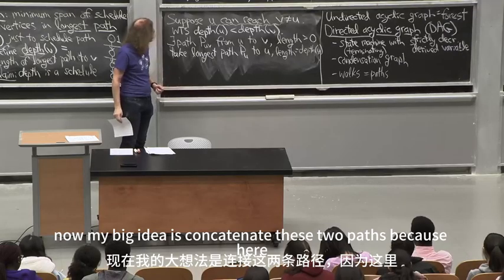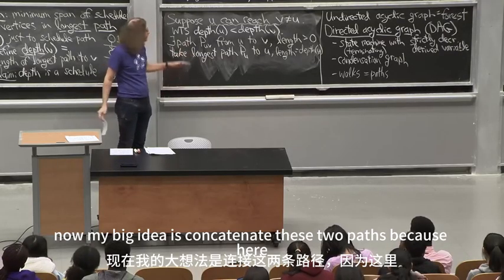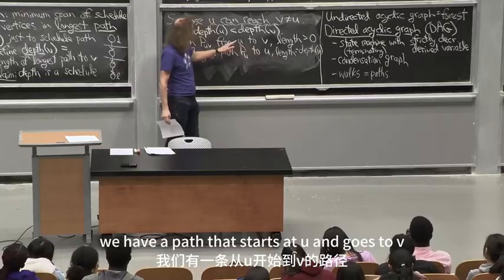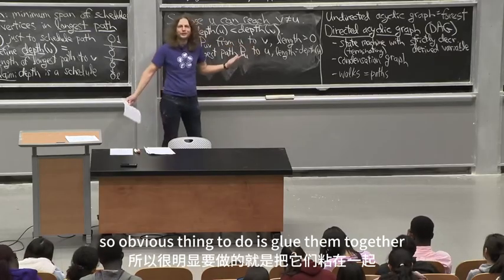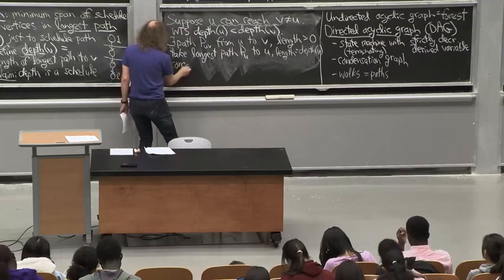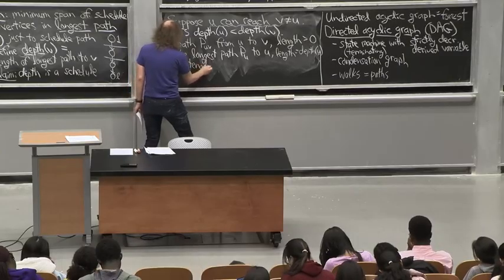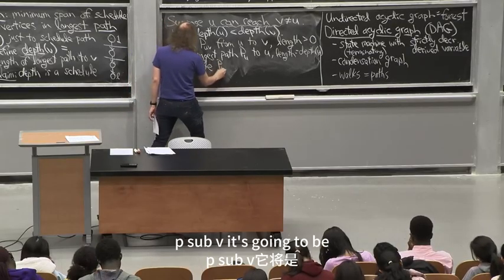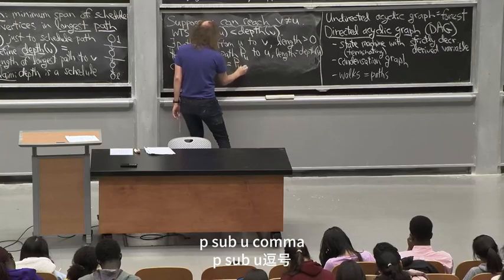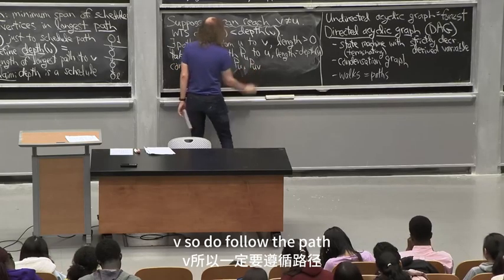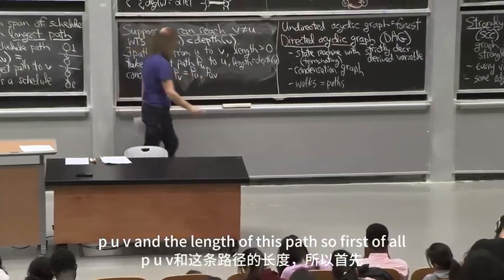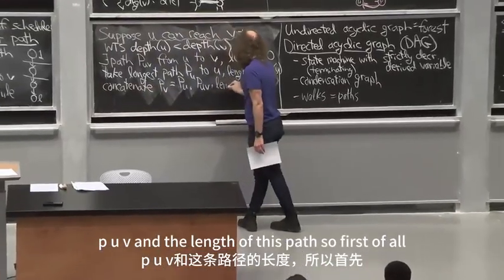All right. Now my big idea is to concatenate these two paths. Because here we have a path that ends at u, and here we have a path that starts at u and goes to v. So the obvious thing to do is glue them together. So let's concatenate. I'll call this P_v, which is going to be P_u followed by P_uv. So follow the path P_u, then follow the path P_uv.